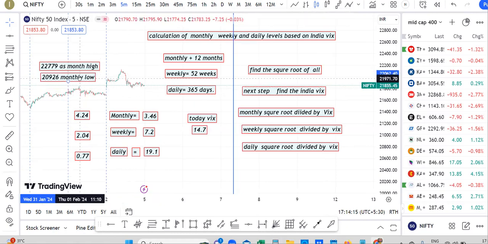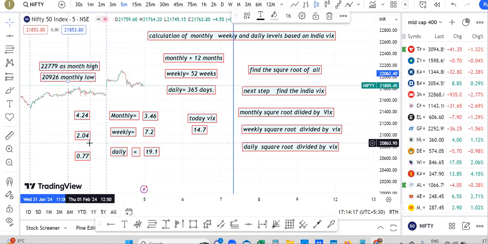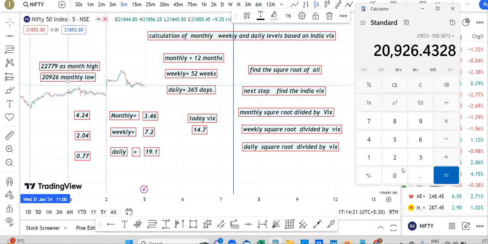Now, I'm going to calculate the weekly. The closing level of the Nifty is 21,853 plus 2.04.